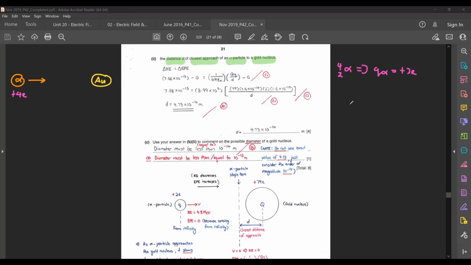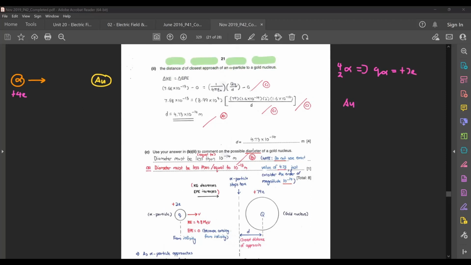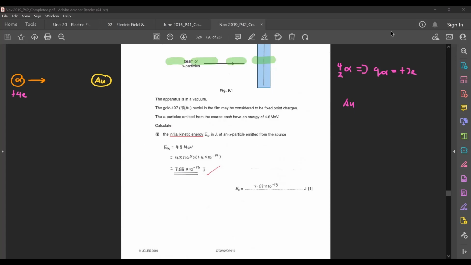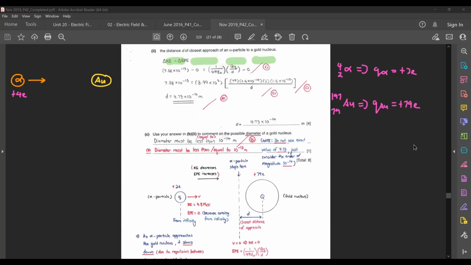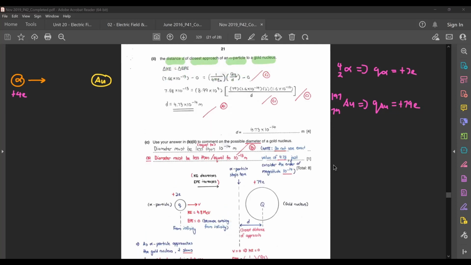And then when you're talking about the gold nucleus, it is aurum 197 79. The charge of your gold nucleus, aurum, is actually plus 79e. Okay, so both are actually positively charged.